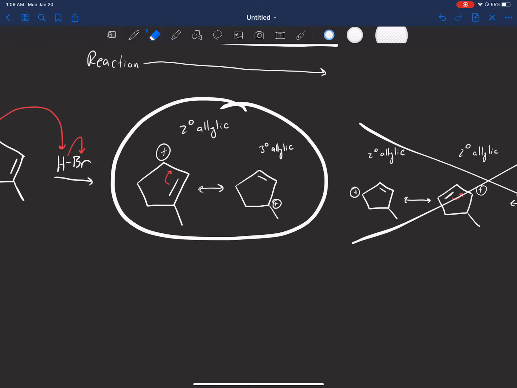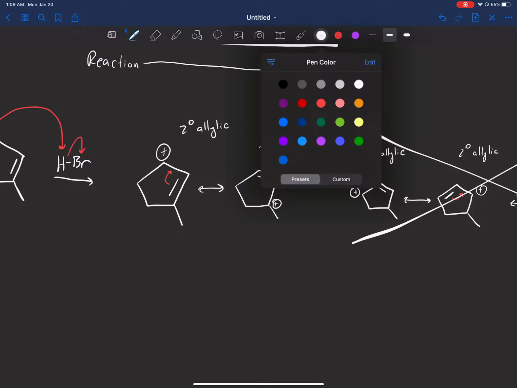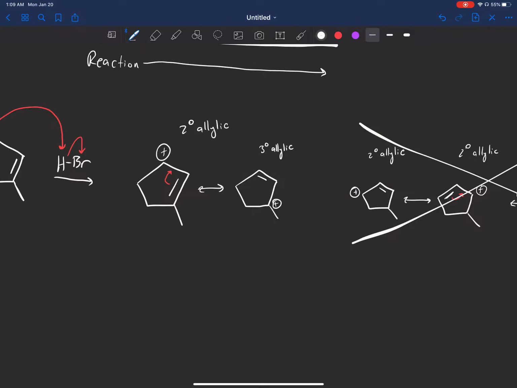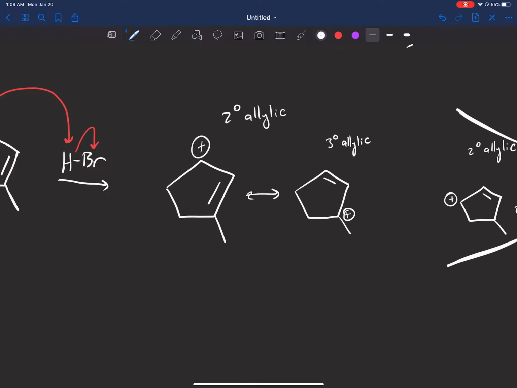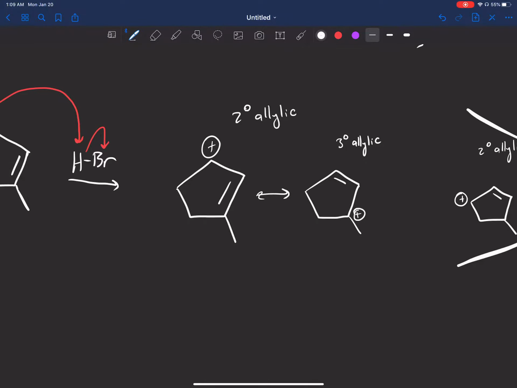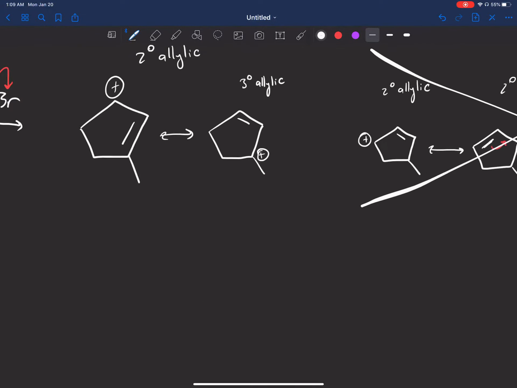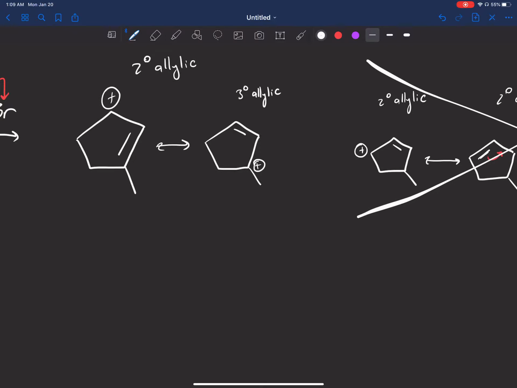So these are our important structures. These two resonance structures, one of them will help us find the kinetic, the other one will help us find the thermodynamic product. So let's erase this arrow. Remember, the kinetic product is going to be the one that has the least substituted double bond, not the most stable carbocation. It doesn't have to be anything in terms of carbocations. We need to figure out the one with the double bond.